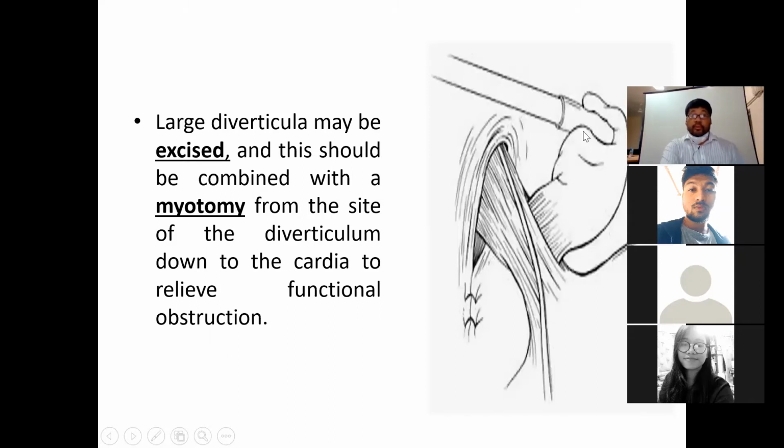Here we can see a huge diverticulum, and the crural repair can be seen. We'll excise this, and simultaneously the repair is done. So here also, excision of the diverticulum is the treatment, followed by myotomy in order to relieve functional obstruction.